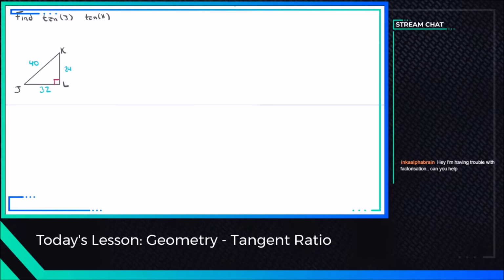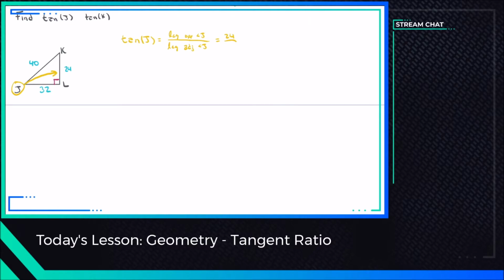And now if we go ahead and start by doing the tangent of angle J, that is going to be equal to the leg opposite angle J and the leg adjacent to angle J. And so if we identify angle J right down here, if we go opposite of J, that's going to be 24.